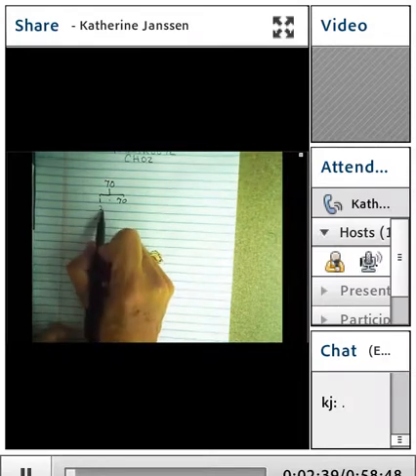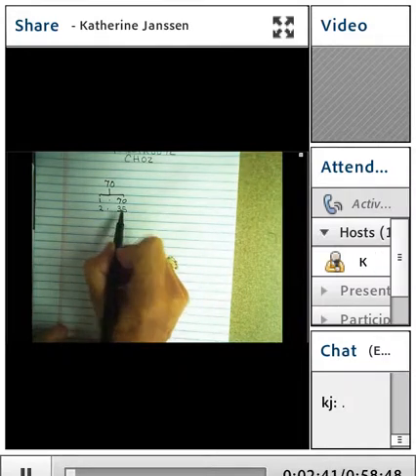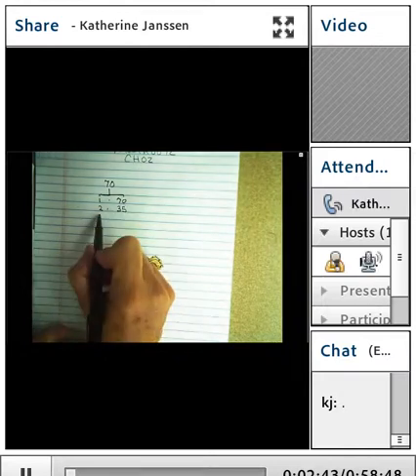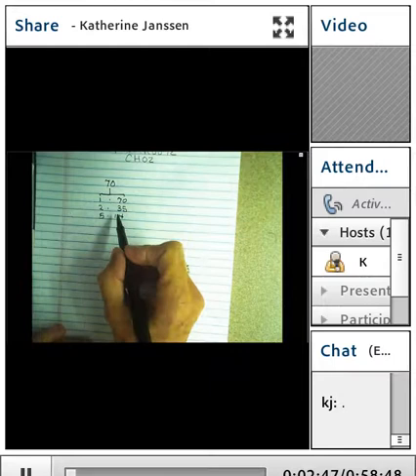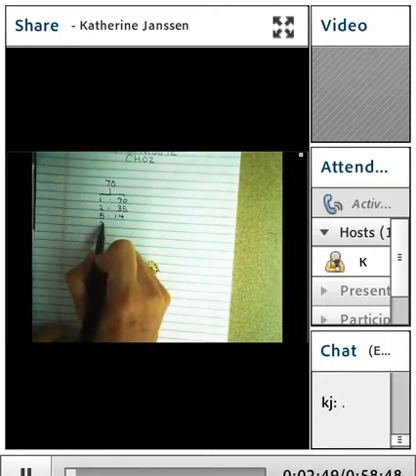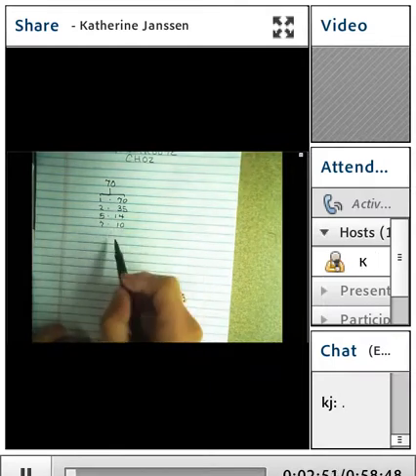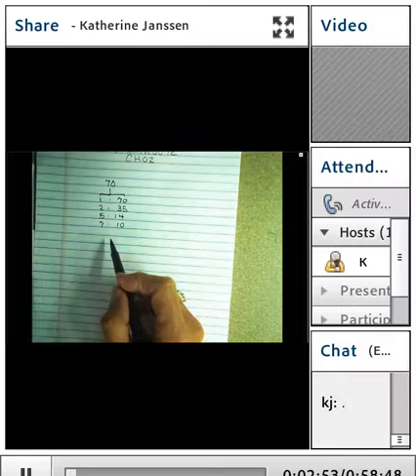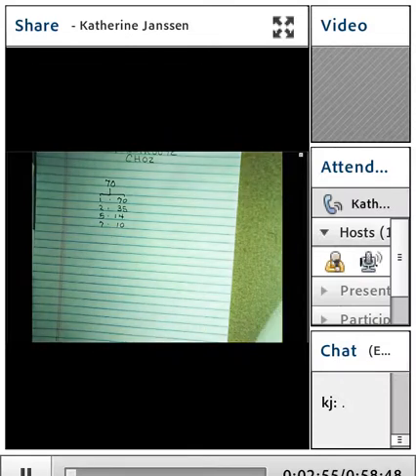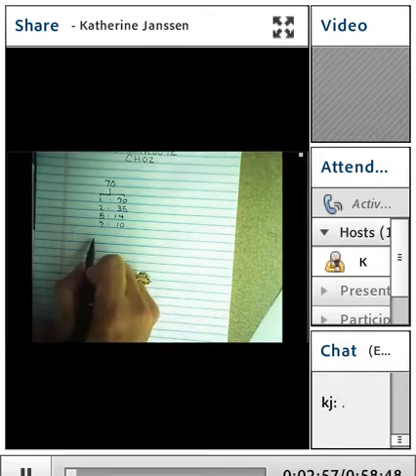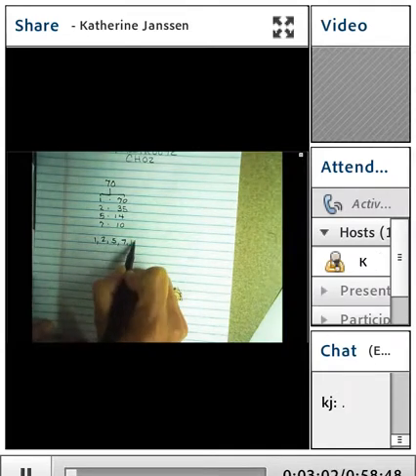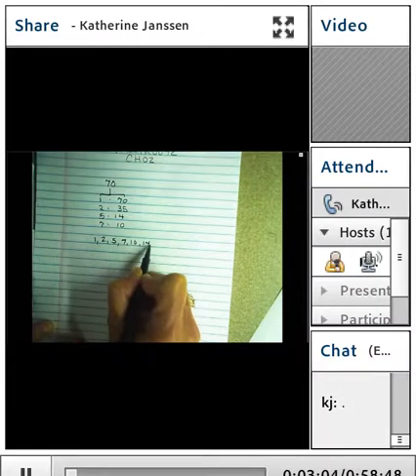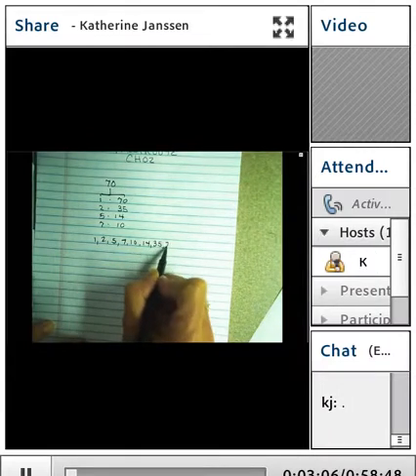We have 2 times 35, which is 70. We have 5 times 14, which is 70. 7 times 10, which is 70. So listing the factors of 70, we have 1, 2, 5, 7, 10, 14, 35, and 70 itself.